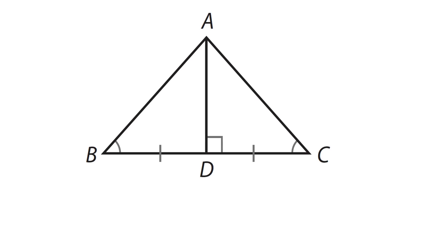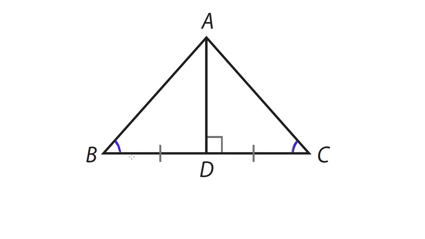Now take a look at this example and see if you could determine whether or not triangle ABD is congruent to triangle ACD. So I look at this, I see that angle B is congruent to angle C because they're both marked with one arc. And I also see that side BD is congruent to side CD because they're marked with one bar.